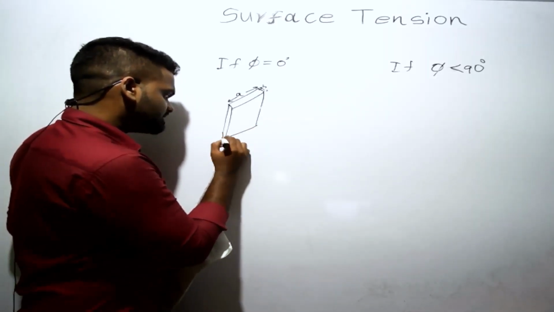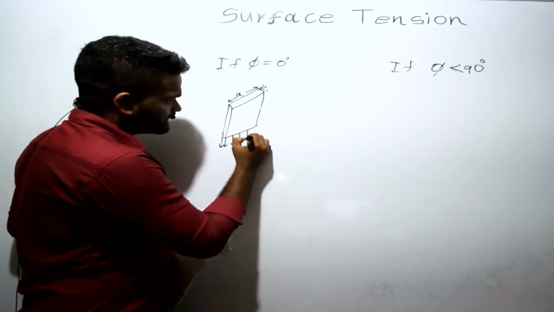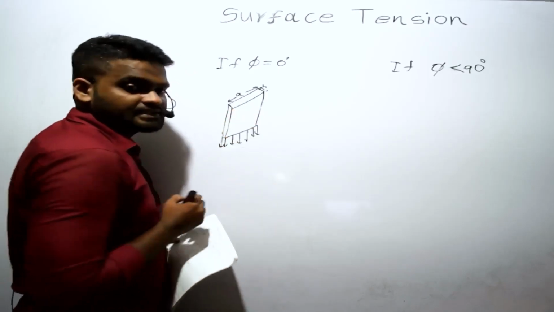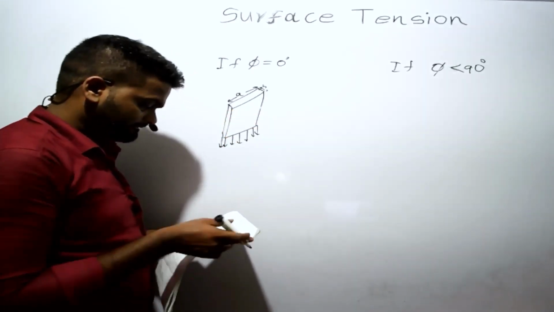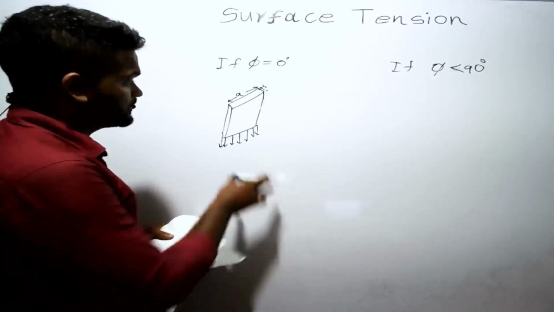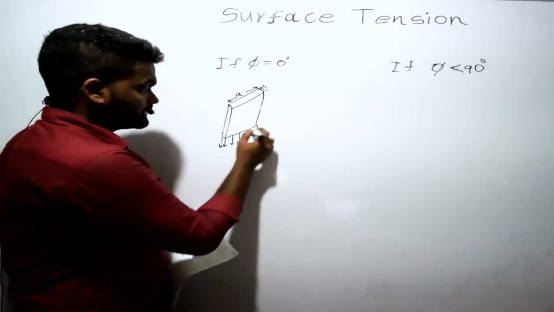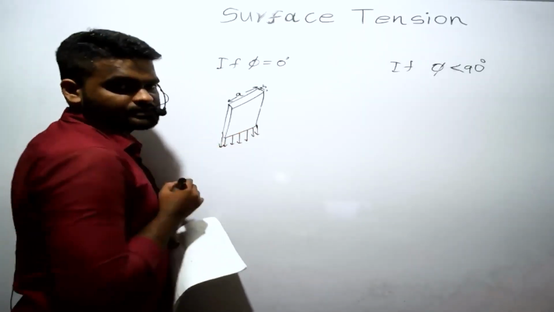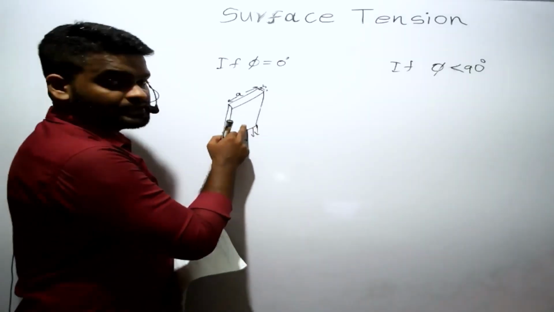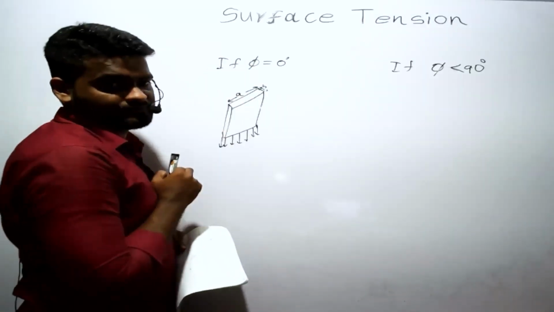So how do you mark the surface tension forces? Vertically downwards. Understand? You can draw this with me. It is vertically downwards. Why? Because the contact angle is 0, right?